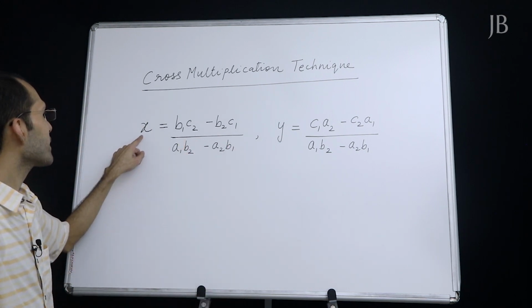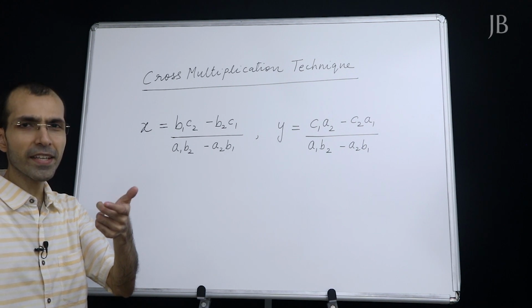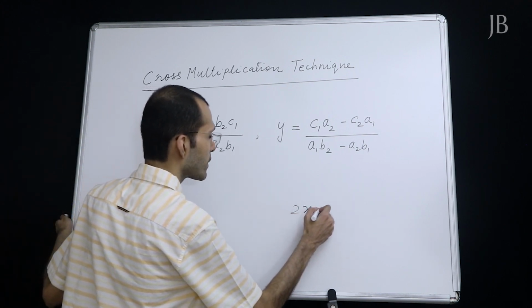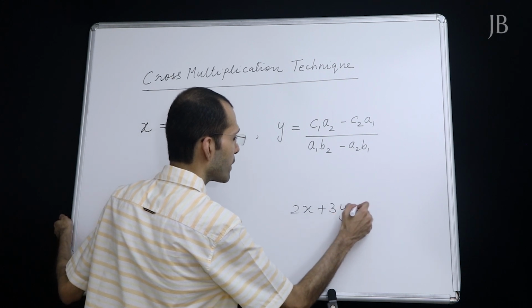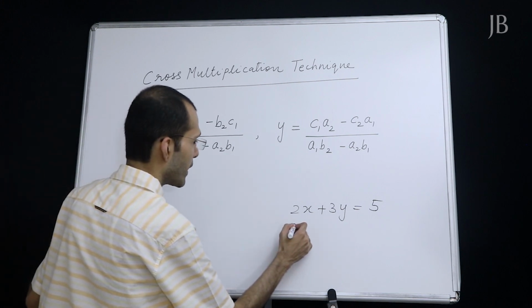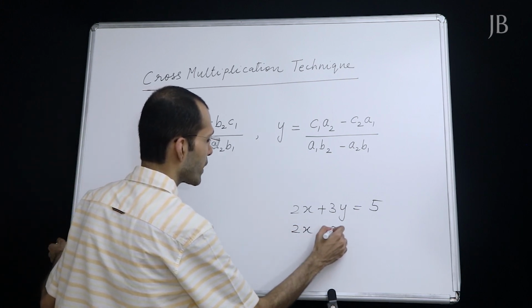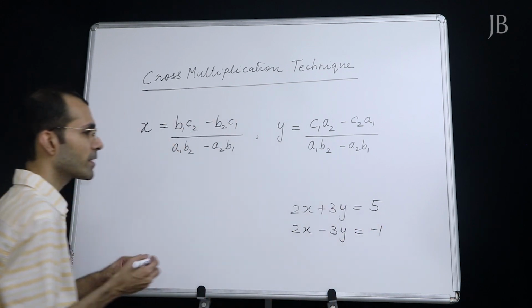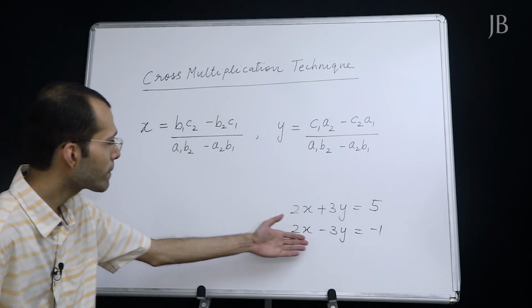Okay, see here x is taken as your variable. Say you have an equation 2x plus 3y is equaling 5. This is your equation. And then you have say 2x minus 3y is equaling minus 1. Consider these 2 simple equations.